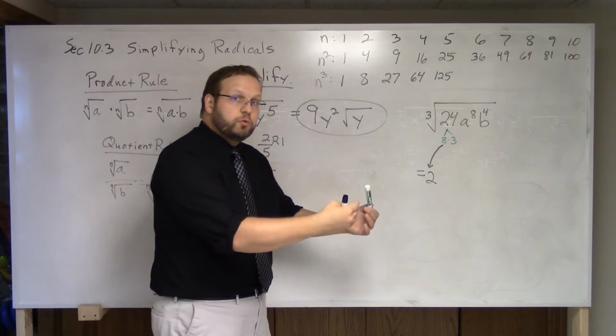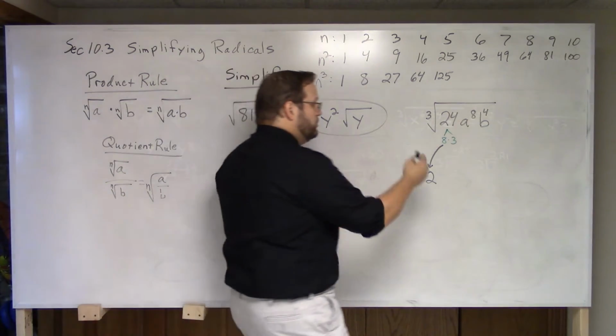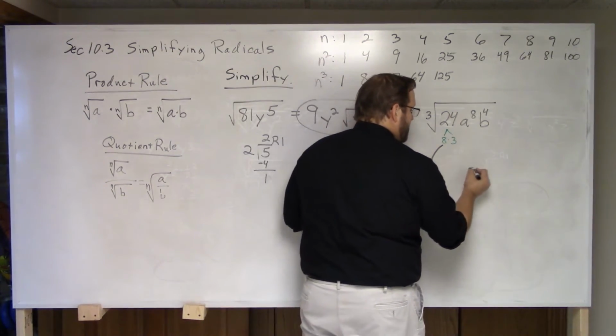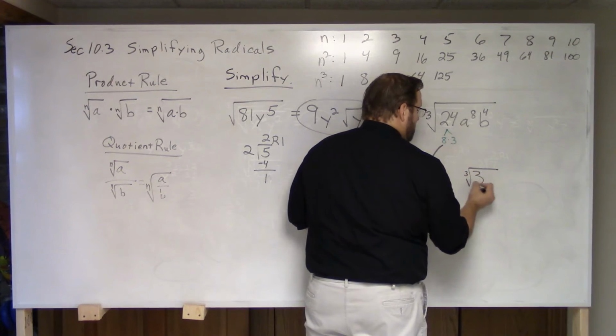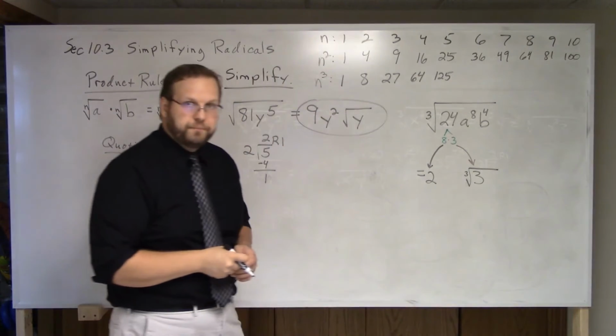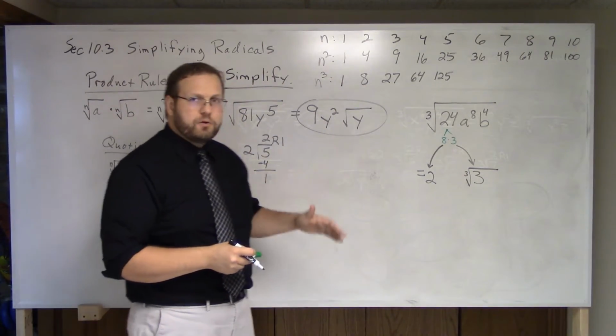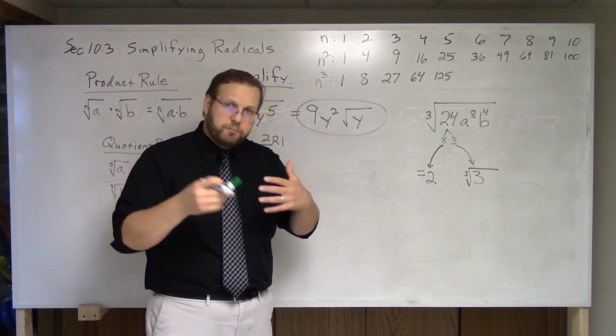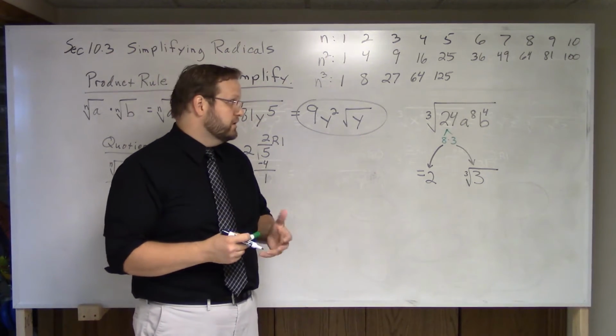So I'm taking the cube root, pulling it out. That cube root of 3 doesn't come out nicely, so I am going to leave that underneath. So that just stays within the radical. And drawing arrows like that, if that helps, go for it.